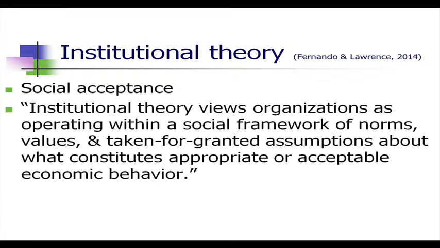The next theory that we'll talk about is the institutional theory, which talks about the social acceptance of the organization. Institutional theory views organizations as operating within a social framework of norms, values, and taken for granted assumptions about what constitutes appropriate or acceptable economic behavior.